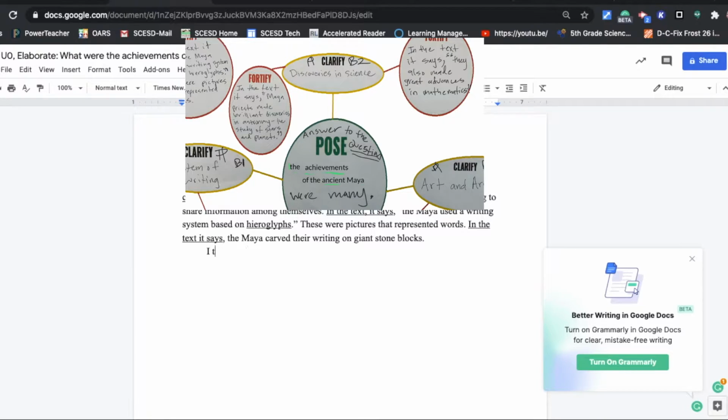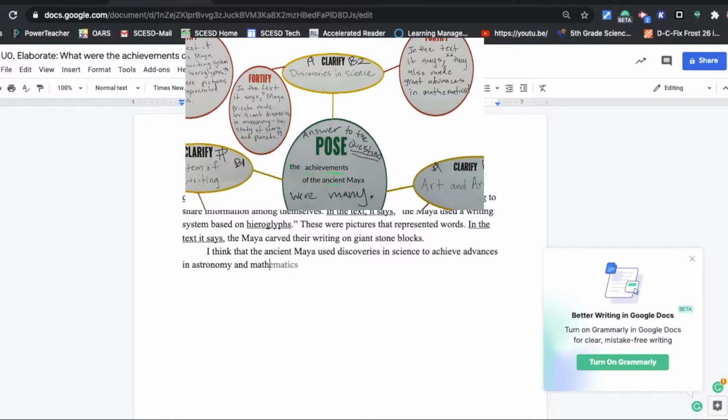So I'm going to use I think that the ancient Maya used discoveries in science to achieve advances in astronomy and mathematics.